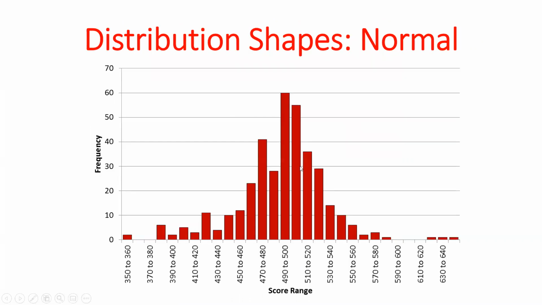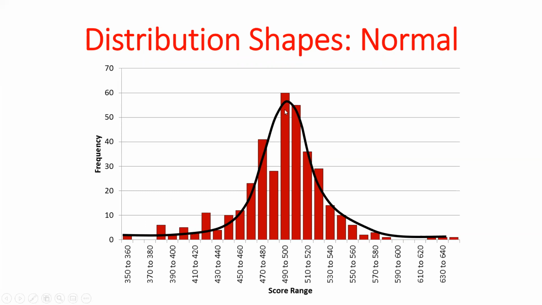So the one that we're going to focus on a lot during this course, probably not for a month or so, but once we get to it, we'll be talking about it a lot, is the normal distribution, okay? So if I had data, and I think this was the SAT score data, you can see that if I had to trace a line that best fit the tops of these bars, it's going to look like a symmetric hill or a bell. Sometimes you'll hear it called the bell curve.